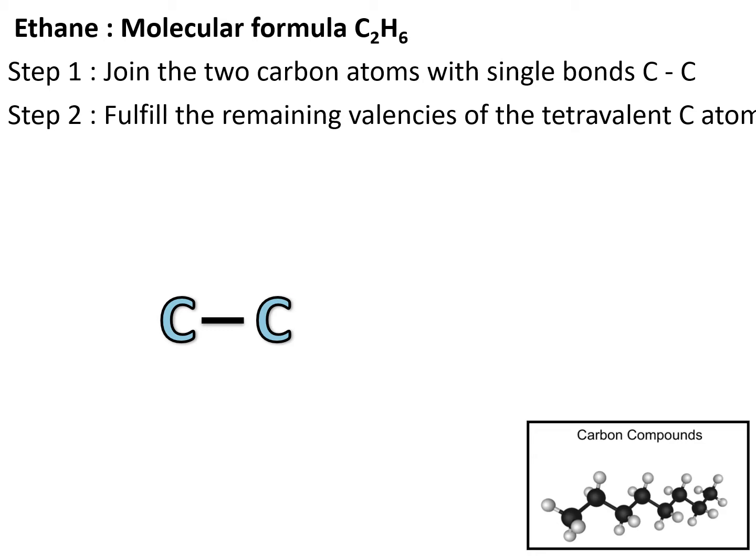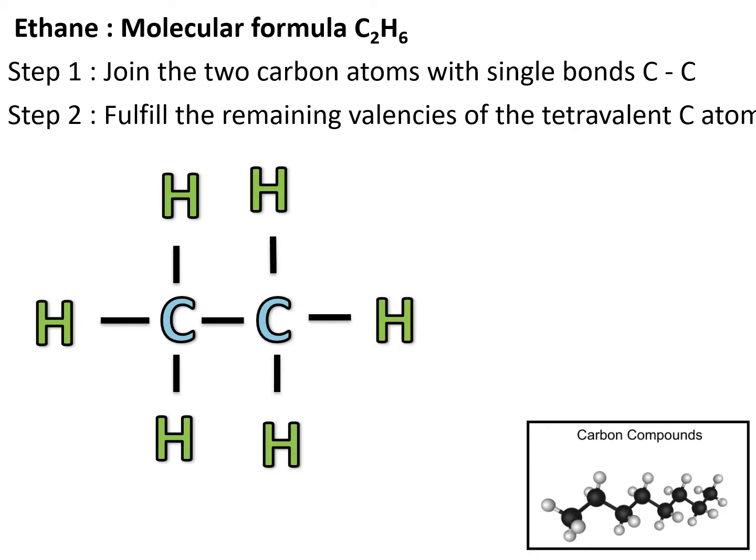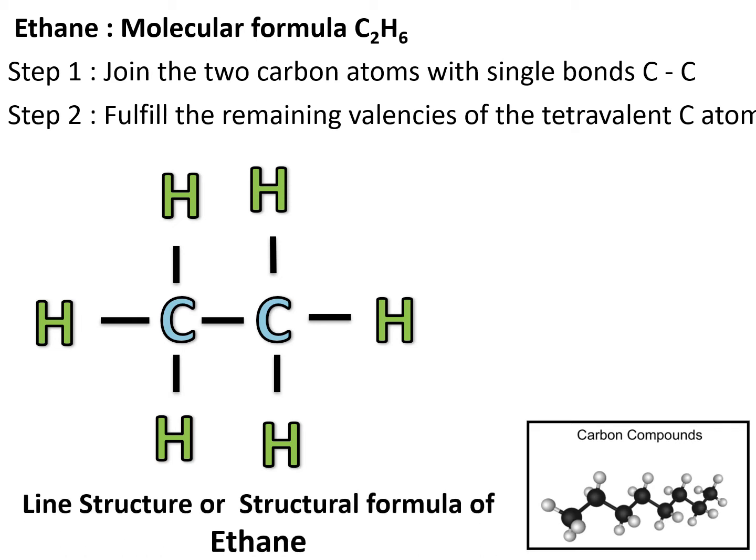So we are left with three valencies on each carbon atom, and therefore three bonds on the first carbon atom and three bonds on the second carbon atom are formed, and the formula of ethane becomes C2H6, wherein the tetravalent nature of carbon is completed. So this is the line structure or the structural formula of ethane.